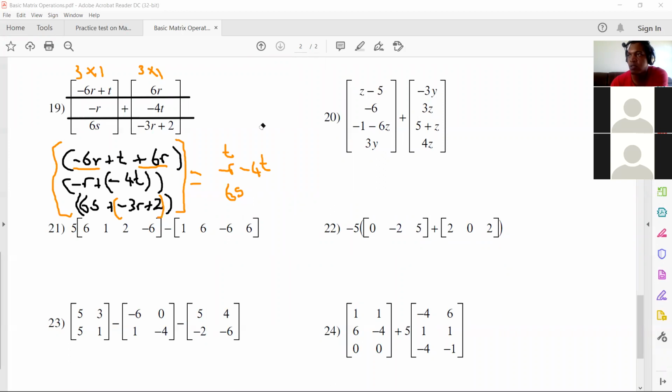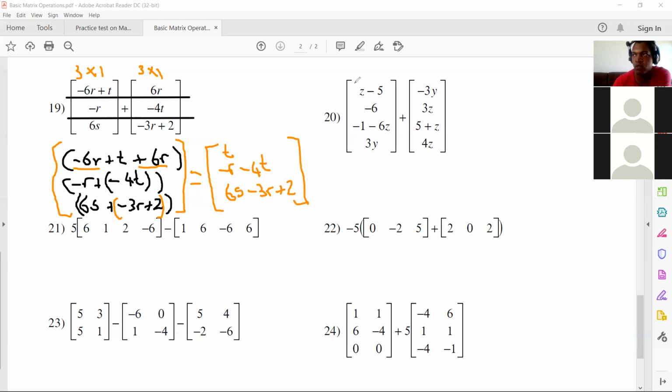So it is 6s minus 3r plus 2, and that is your final answer here. As we've said, this is just testing your ability to add and then follow algebra rules. All the other rules you've learned before, you just have to follow them again inside here.